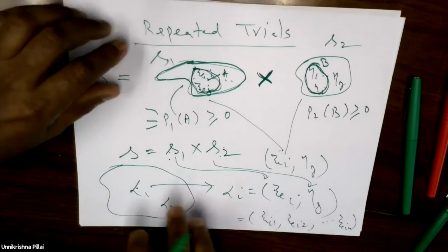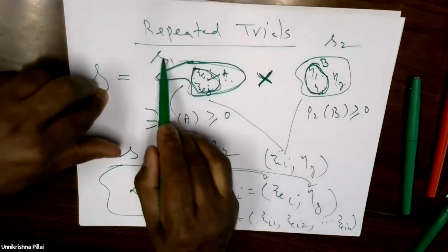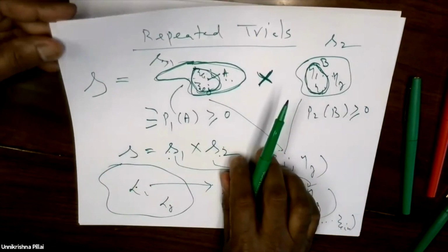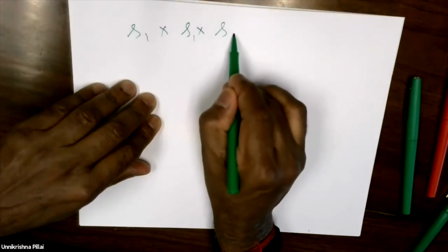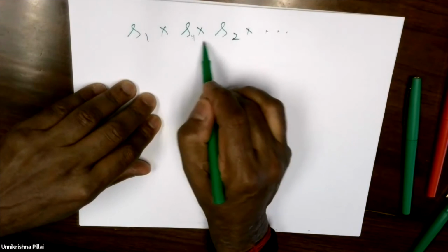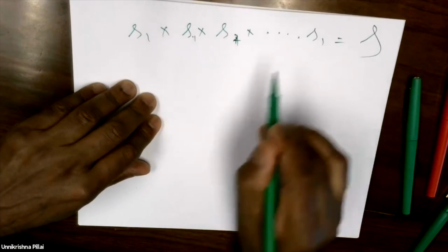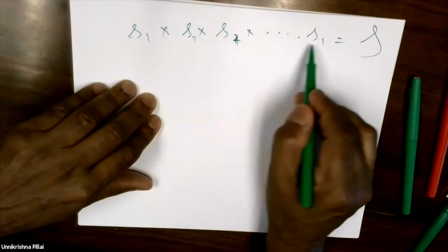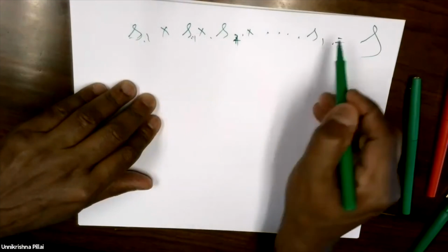So this is the combined experiment. Why I call it repeated is if the same S is being repeated n times and creating a larger S, then this is a repeated trial, because whatever is S1 is being repeated n times.